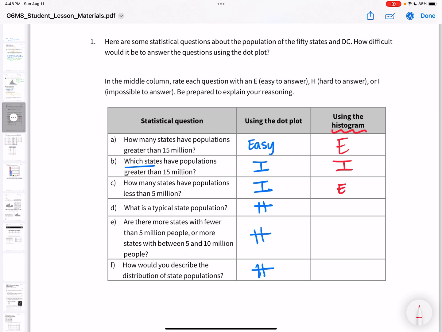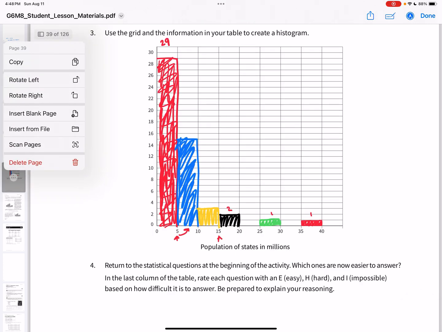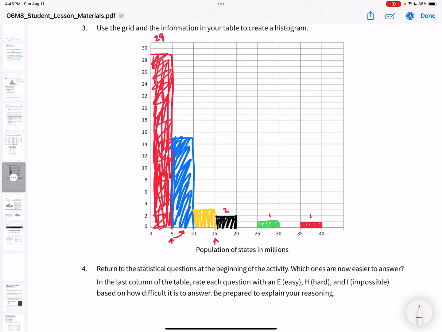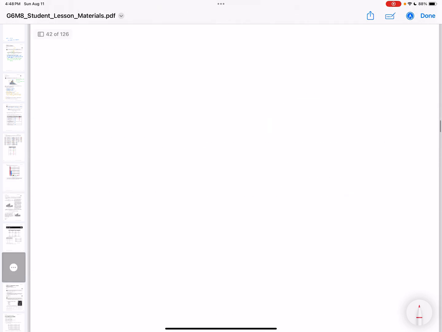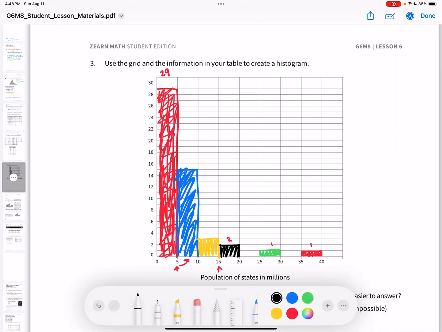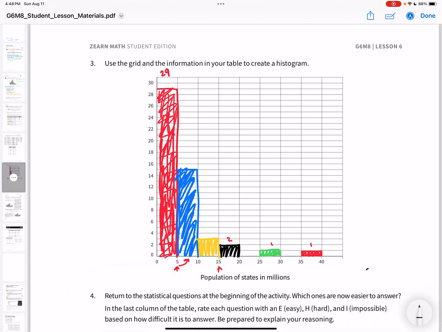All right, what is a typical state population? Remember, we're looking for that middle, that center of our histogram. So we have 29. This one is, my page ran away from me. So this one is, what is that, 15? This one's 3.